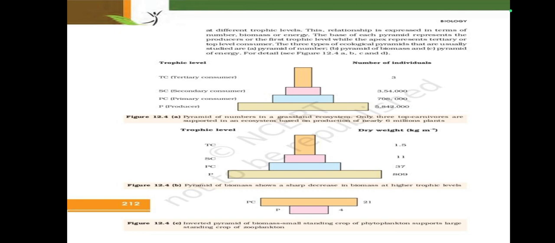12.4c, on the inverted pyramid of biomass, a small standing crop of phytoplankton supports a large standing crop of zooplankton. 12.4d, an ideal pyramid of energy. Observe that primary producers convert only 1% of the energy in the sunlight available to them into NPP.